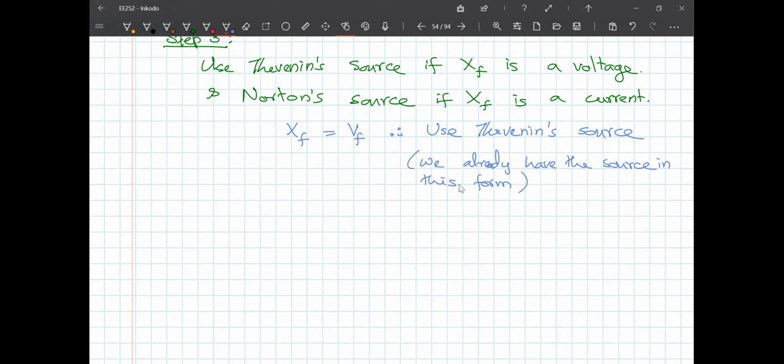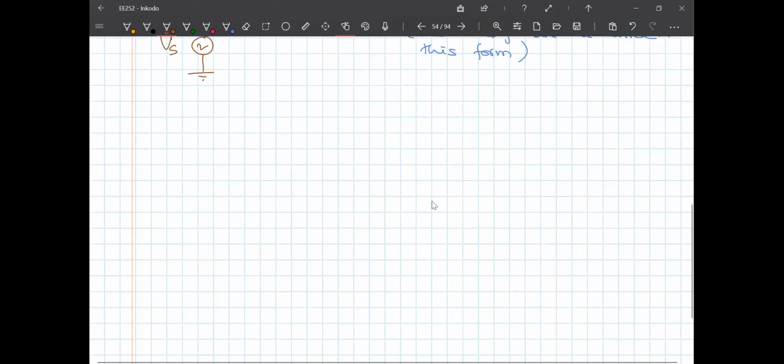So what is our source? We have the source like that. That's my voltage source Vs, right? So now let me combine everything together.